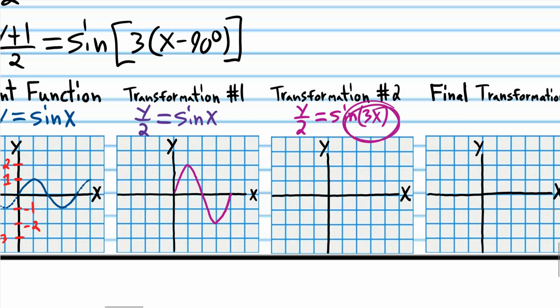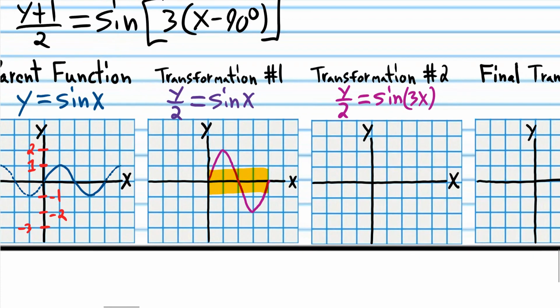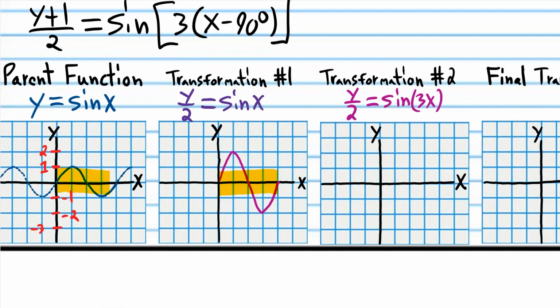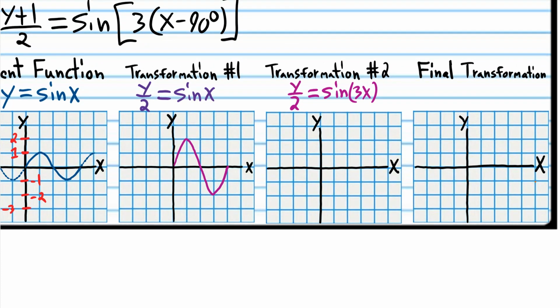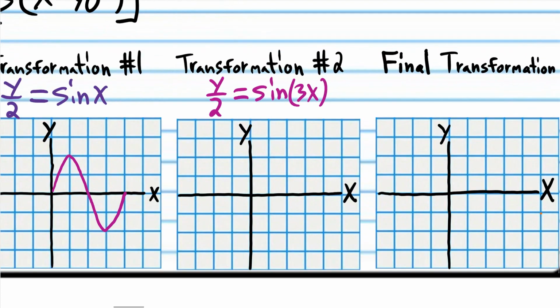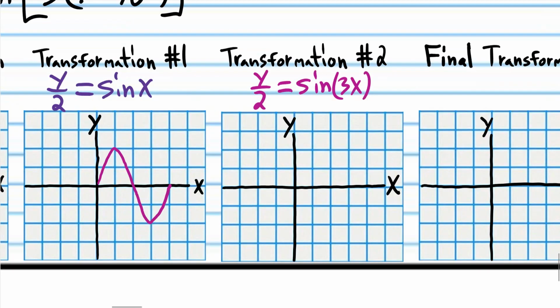So what this does is it divides all the x values by 3. So if the period of this curve is 360 degrees, and we know that because that's the period of your basic sine function, then the new period is going to be 120 degrees, because you take 360, the old period, and divide by 3.